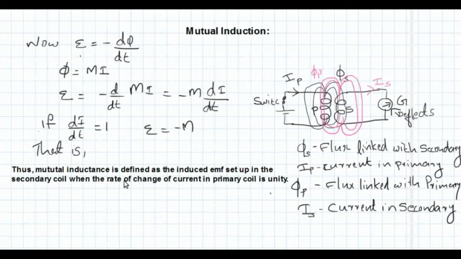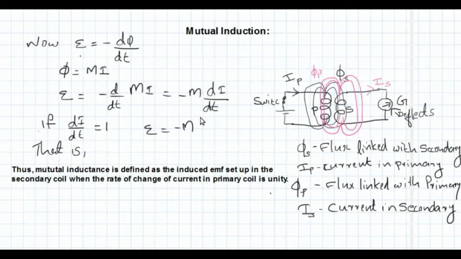Thus, mutual inductance is defined as the induced EMF set up in the secondary coil when the rate of change of current in the primary coil is unity. That means mutual inductance is defined as the induced EMF, right? This EMF is induced in the secondary. di by dt is equal to 1 means the rate of change of current is unity.